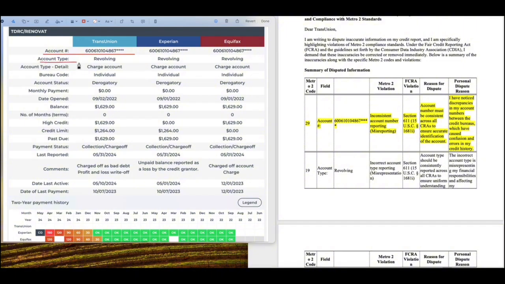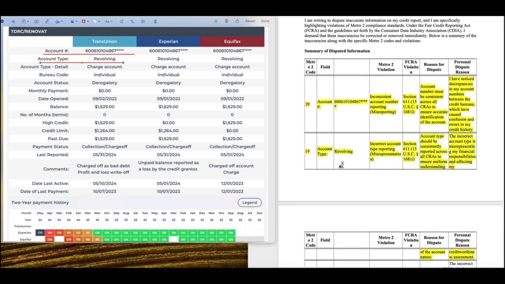Okay, so account type: revolving. Over here to your right, we have the Metro 2 code 19, which is for account type revolving. We're pointing at the Metro 2 fields, and this is what the account actually is. This is the account type. So incorrect account type reporting, misrepresentation, is my reason for the Metro 2 coding.